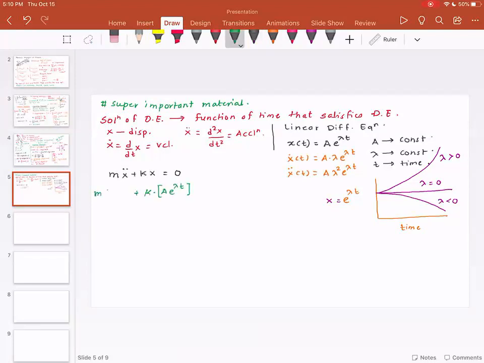Then my x double dot is going to look like a lambda square e to the lambda t. So what I have here are the equations on the right hand side, equation 1 and equation 2.